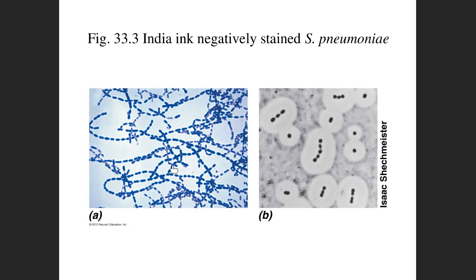The complement is a set of proteins that flows around. It is only activated when the complement 1, the C1 protein, gets trapped by two antibodies attached to the surface of bacteria.